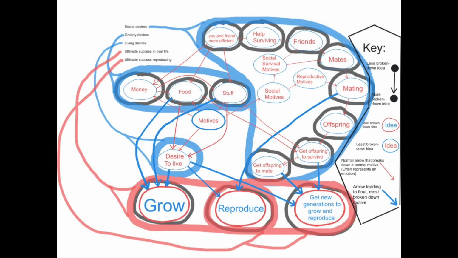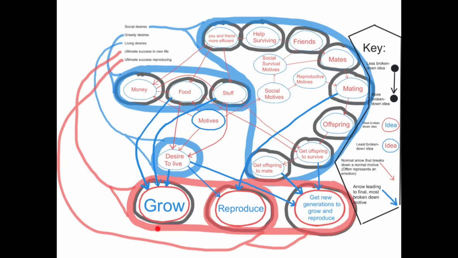So the second slide is pretty much the same as the first slide, except the three main groups are circled. The family and friend bonds are circled. The objects and materials are circled, and the desire to live, or your wanting life, is circled.